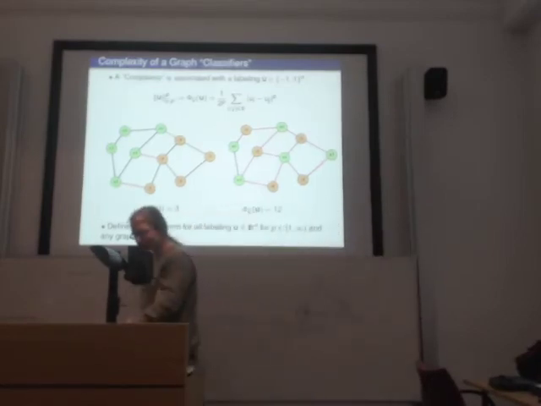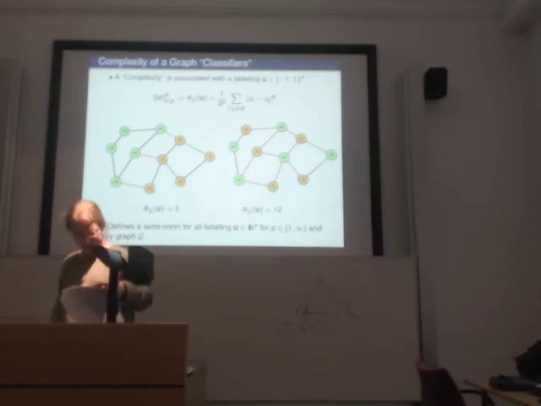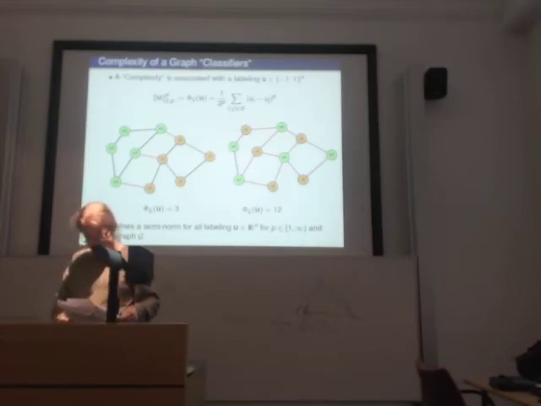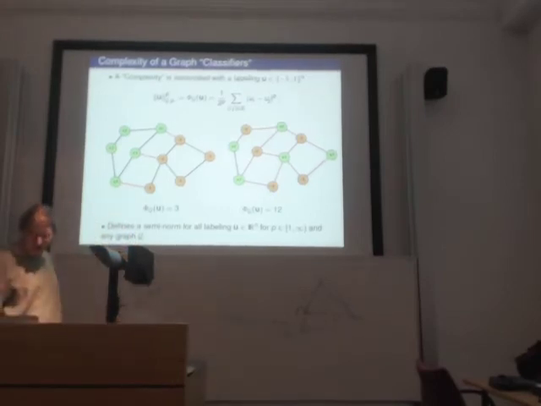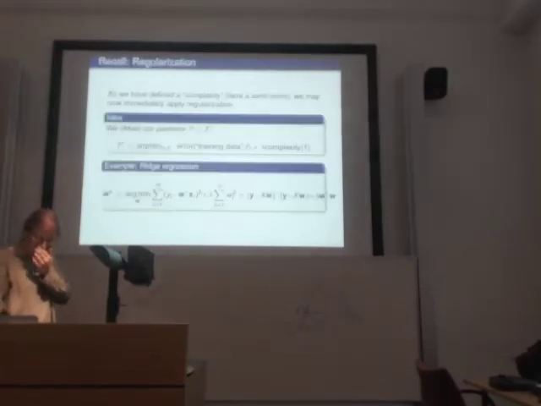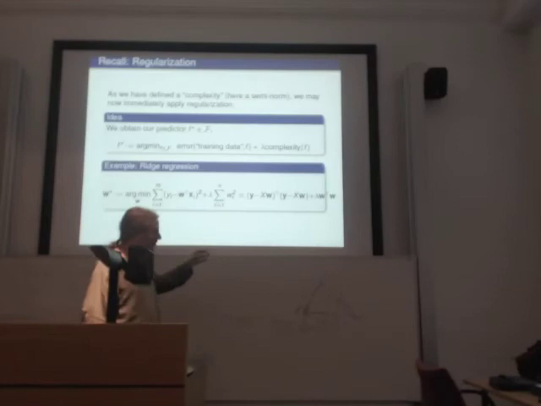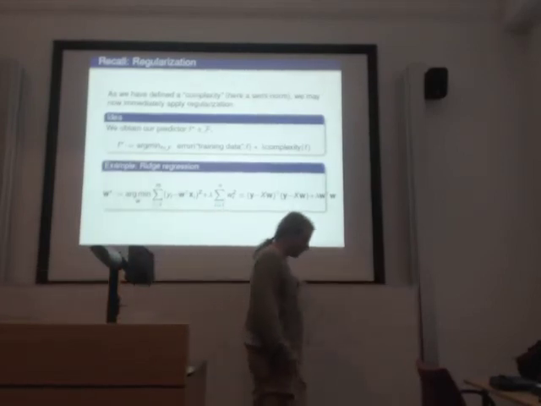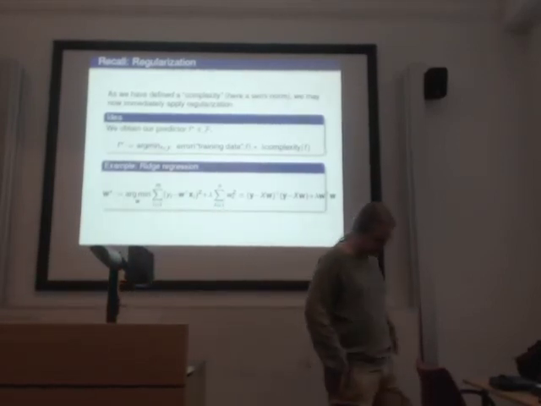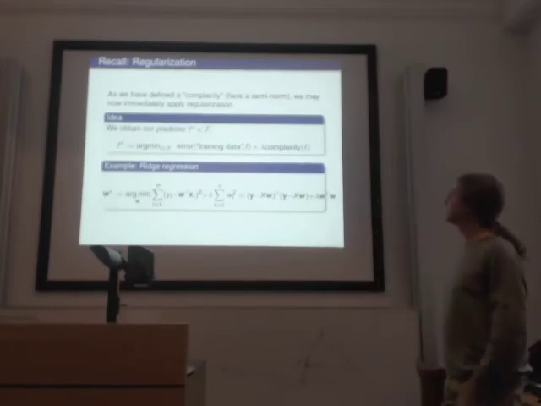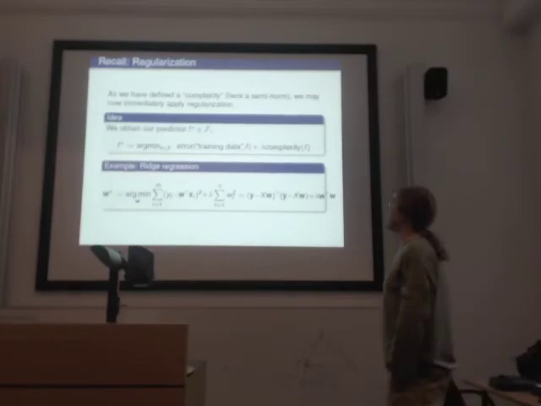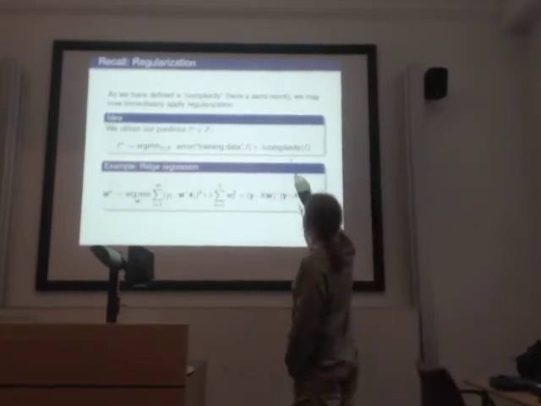Let's go forward a slide before we do this. Okay, before we discuss the complexity of the linear graph, let's recall some stuff that we've already done with Massey. So Massey discussed already regularization, where the key idea of regularization is the following. You have some form of complexity.